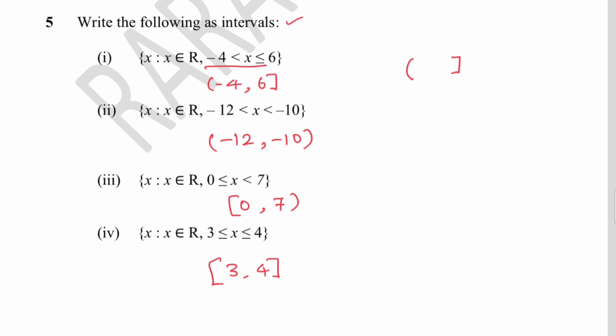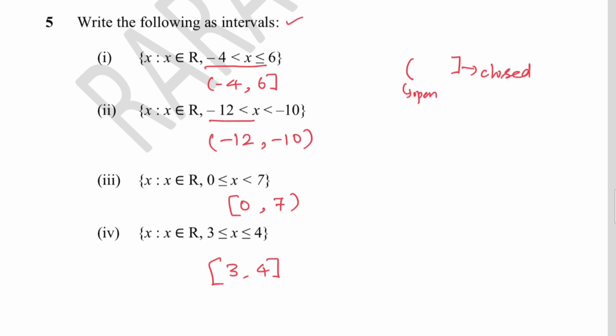So therefore, in interval form, strictly less than means it's not included. So -4 with an open bracket, comma, and less than or equal to means 6 is included, so a square bracket. So this means open, this means closed.